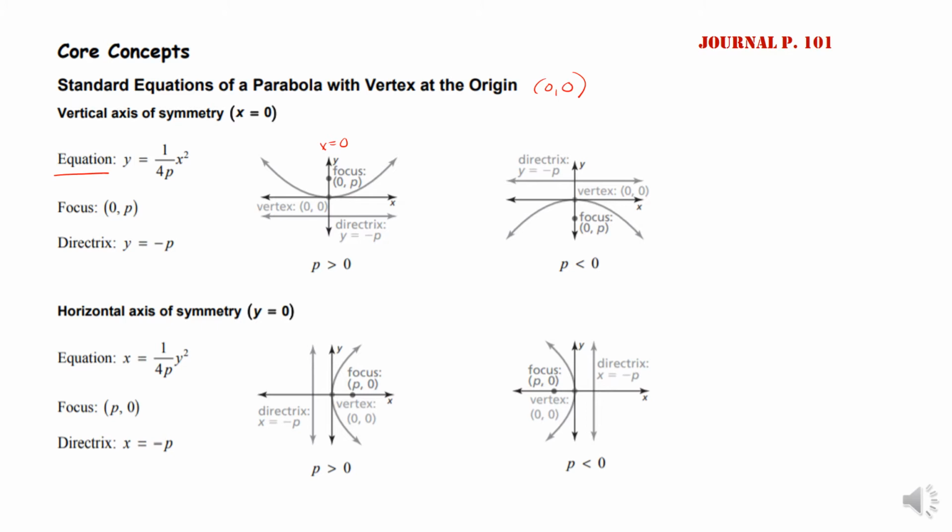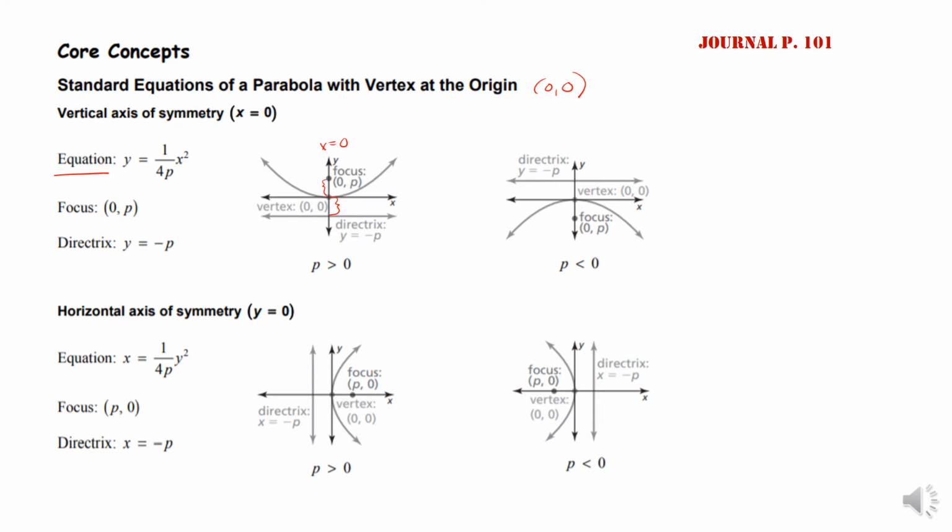P is the distance from the vertex to the focus and also from the vertex to the directrix. Okay, so on this one, since the vertex is (0, 0), the focus is (0, p) because you went up p. Then that means your directrix would be y equals negative p.